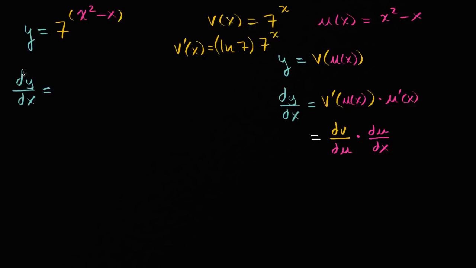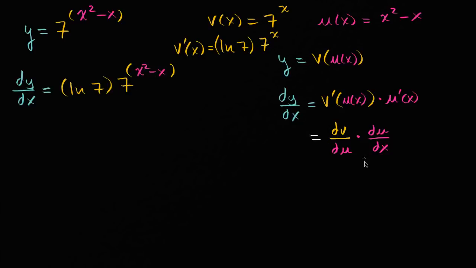So this right over here is going to be natural log of 7 times 7 to the, instead of saying 7 to the x power, remember we're taking v prime of u of x. So it's going to be 7 to the x squared minus x power.